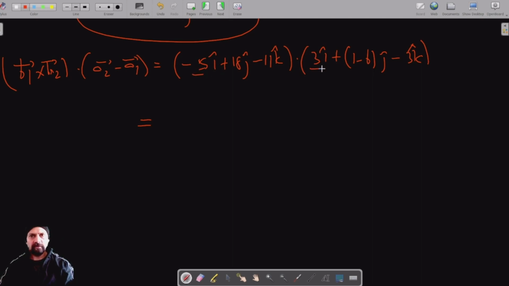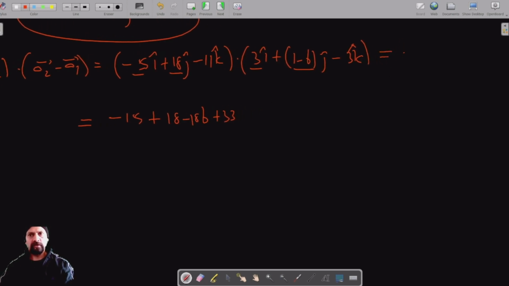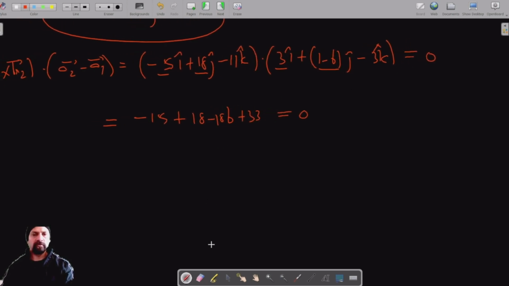So minus 5 into 3 is minus 15, plus 18 into (1 minus b) is 18 minus 18b, minus 11 into minus 3 is plus 33. Now this should be equal to 0 for the intersecting lines.